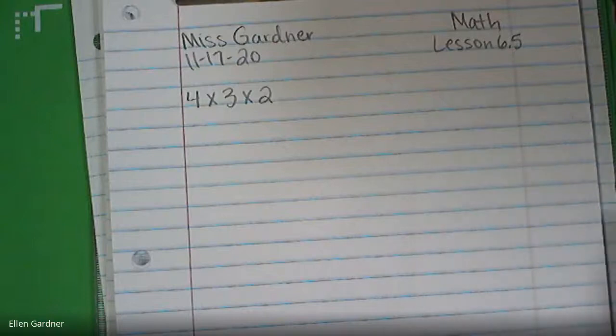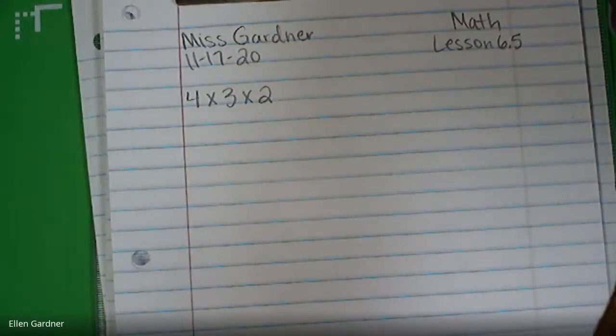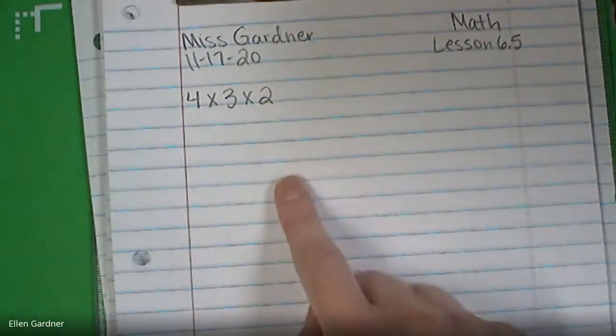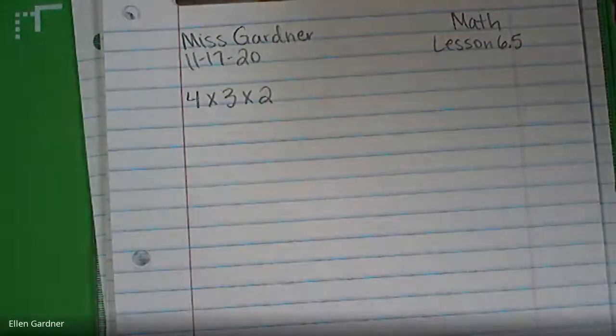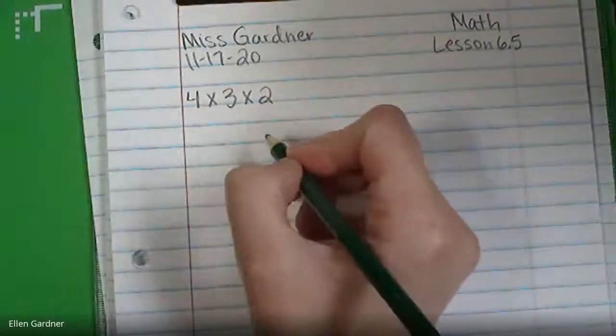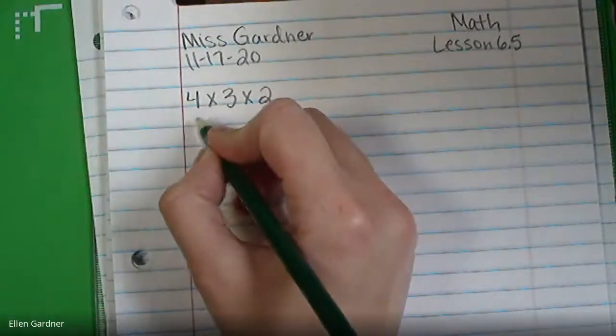You write that on your paper. Whenever we are multiplying 3 different digits, it does not matter which order that we multiply them. We will get the exact same answer. But we do need to multiply all 3.